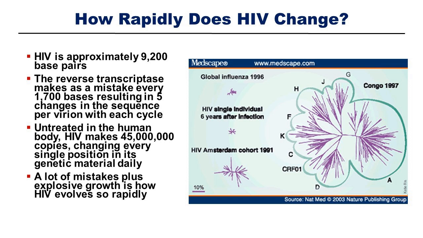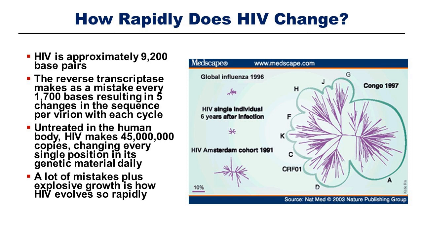But in the global pandemic of 1996, that little tiny squiggle was the size of all the genetic variation that was generated globally for influenza that year. The next one down, and the squiggle is actually bigger than the flu, is HIV evolution in a single individual 6 years after infection.